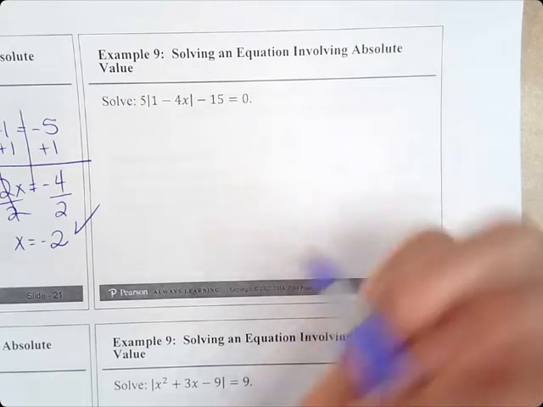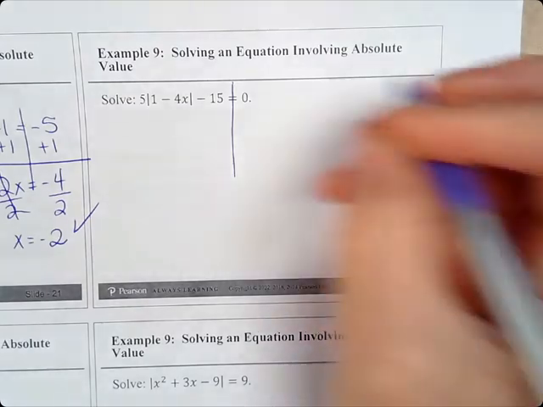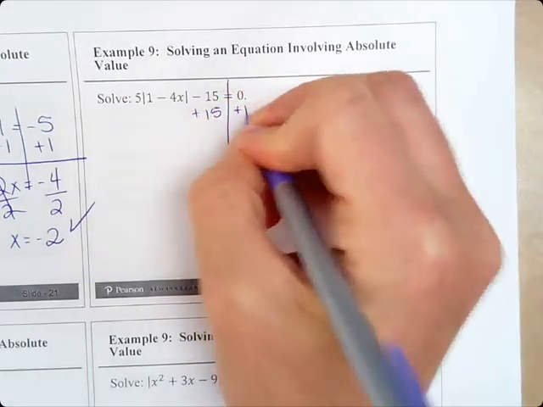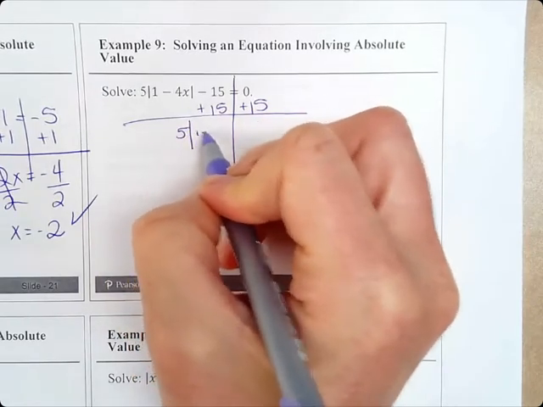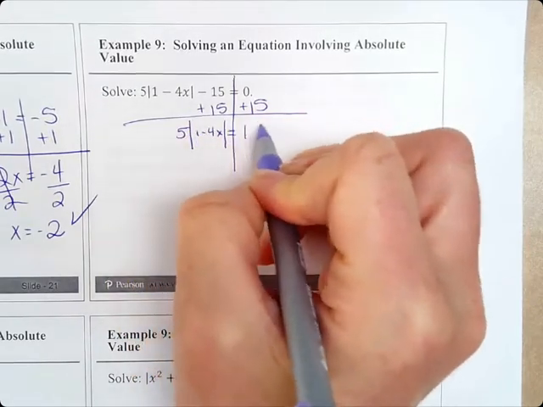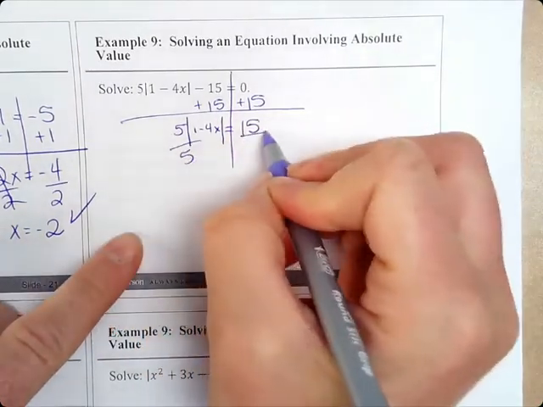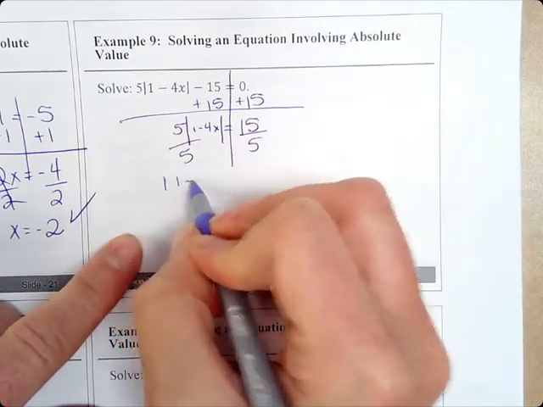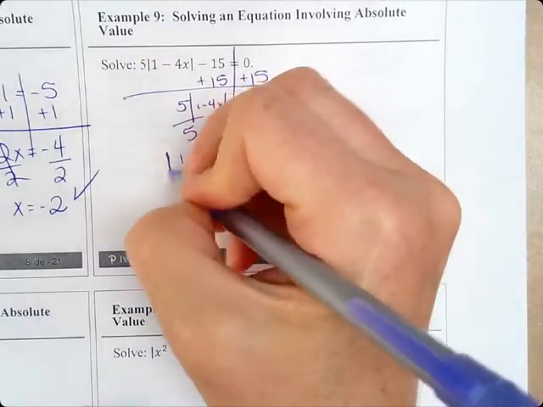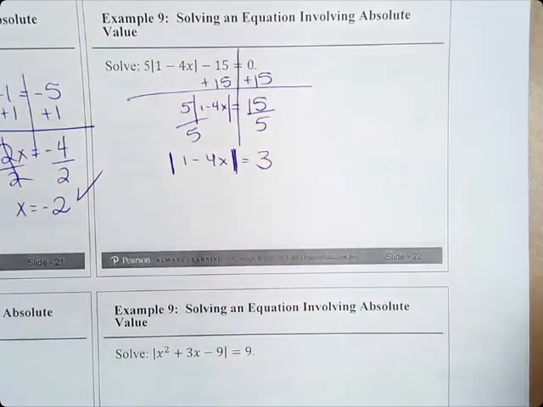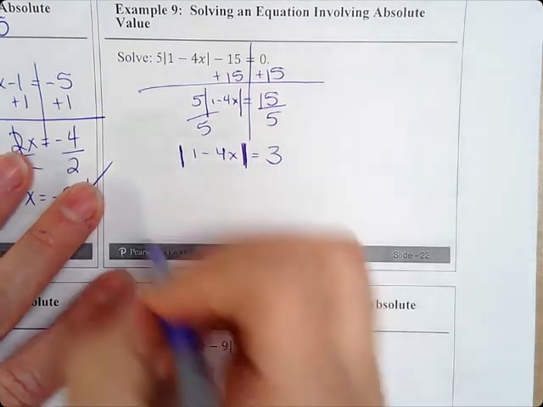All right, so we need to solve this. In order to solve it, we need to get that absolute value all by itself. Plus 15 first, right? And then what? There we go. And then we would set them equal: 1 equals 3, and then it equals negative 3.